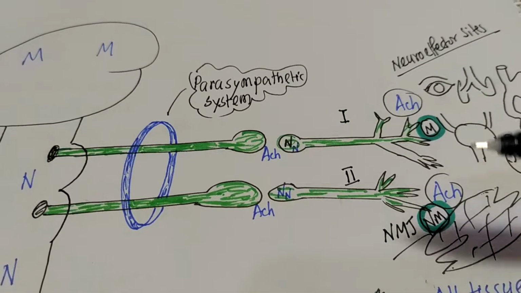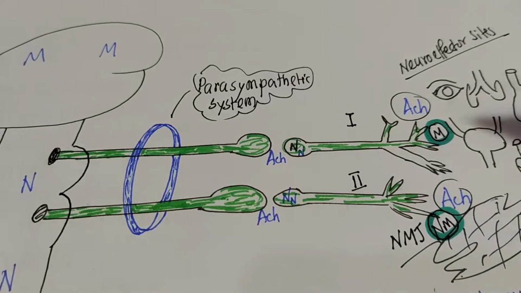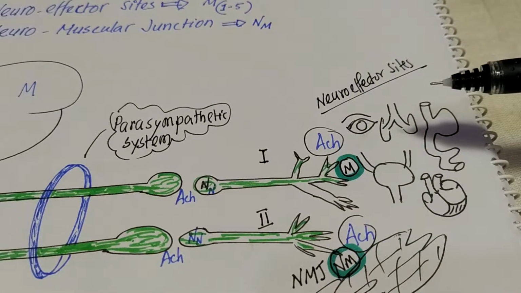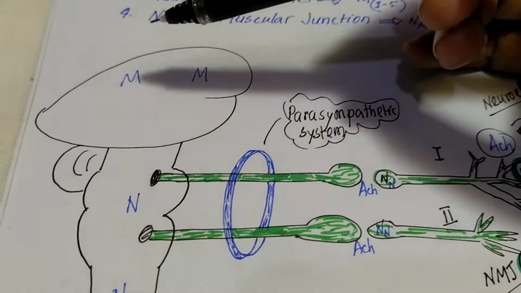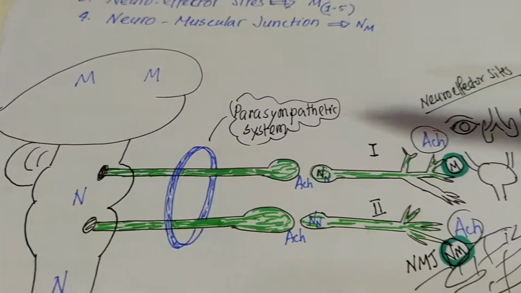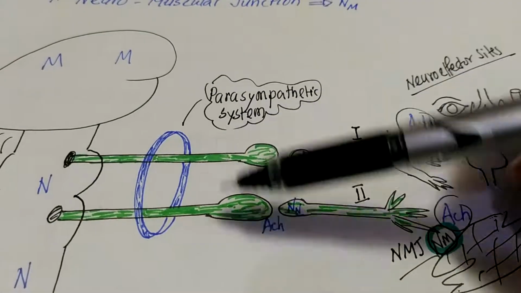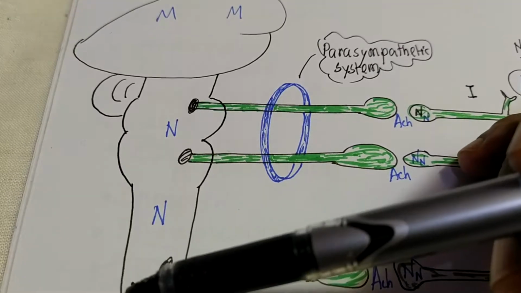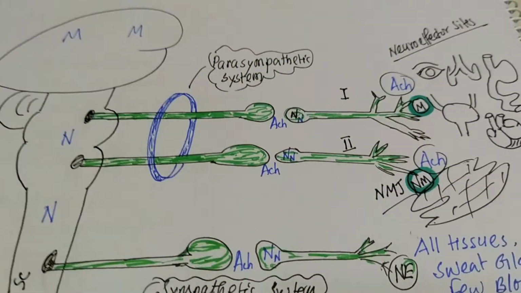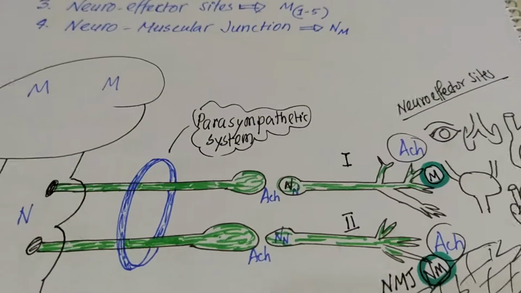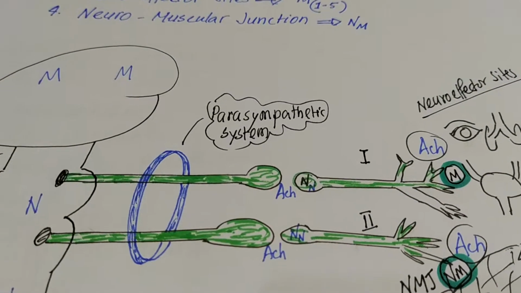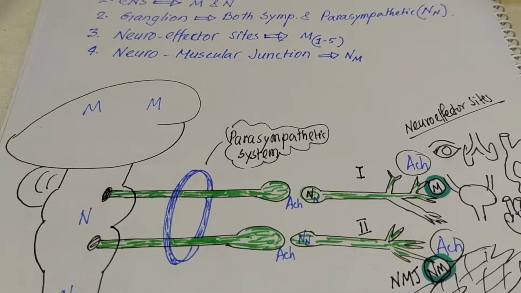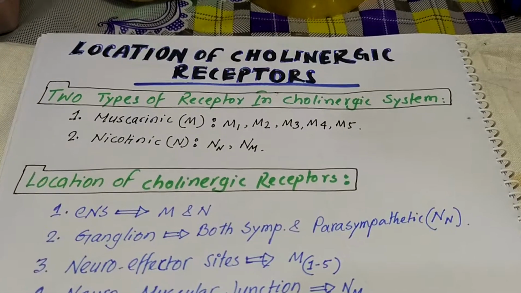For a brief summary, in the parasympathetic system, muscarinic receptors are present in the neuroeffector organs and brain, and nicotinic receptors are present in the ganglion, neuromuscular junction and spinal cord. This discussion will help you for your easy understanding of receptor location of the cholinergic system.